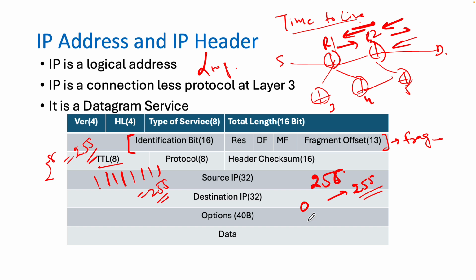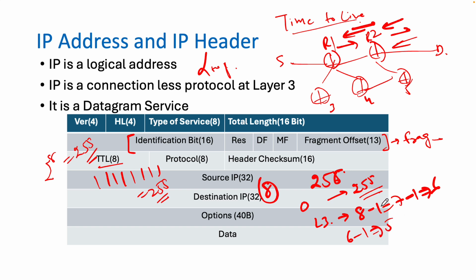That would mean every time a packet exits a router or layer 3 device, the value will be decremented by 1. Let's say the TTL value is set to 8. It exited the router, the value will become 7. Then it exited the second router, the value will become 6. Third router, 6 minus 1 equals 5.